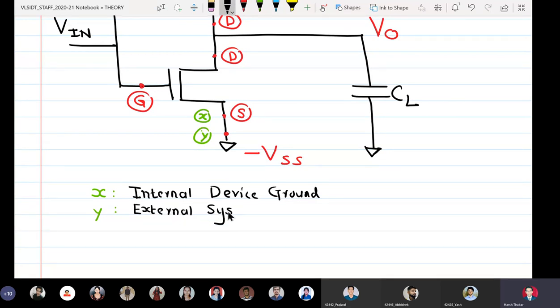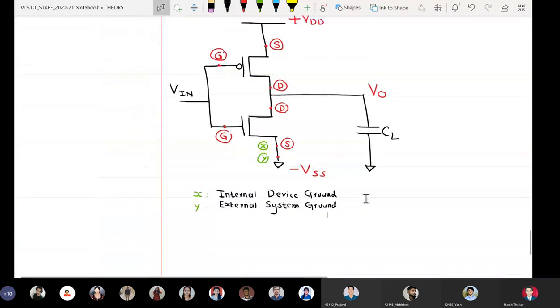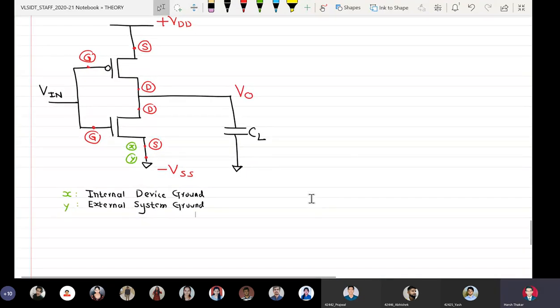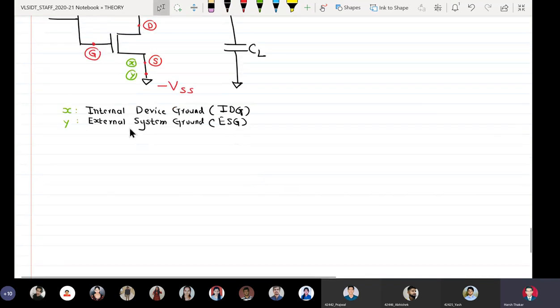I'm very sorry. So X is internal device ground and Y is external system ground. We'll also abbreviate them as IDG and ESG.